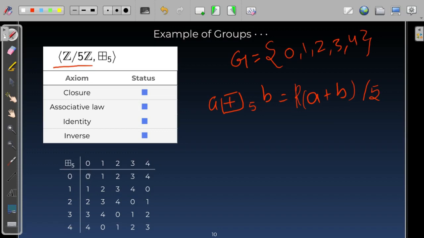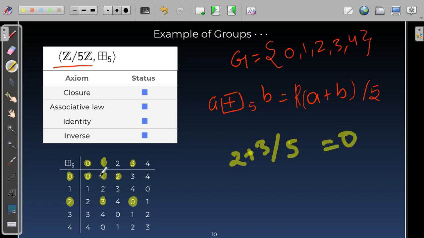Now 0 plus 0 is 0, 0 plus 1 is 1, 0 plus 2 is 2, 2 plus 1 is 3, and 2 plus 3 is 5, but 5 under modulo 5, so let's say you have 2 plus 3 and you divide it by 5, the remainder is going to be 0. So that's why we have a 0 here. And the additive identity here is again 0.